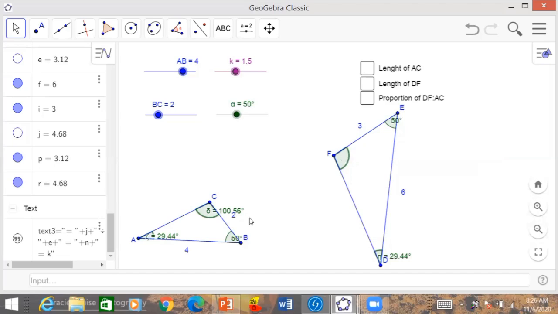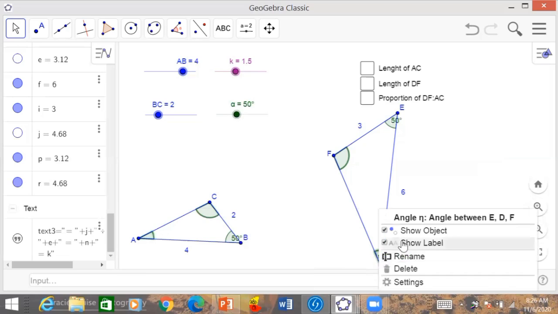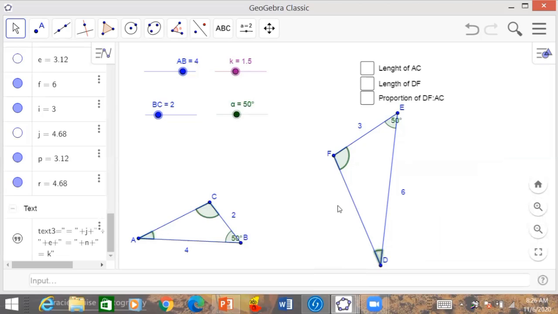Hence, the two triangles are similar. This is the third criteria for similarity of two triangles.